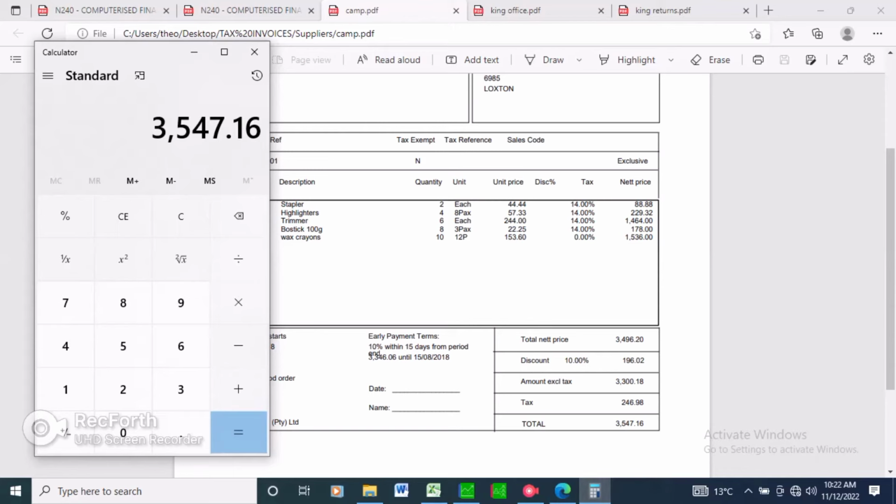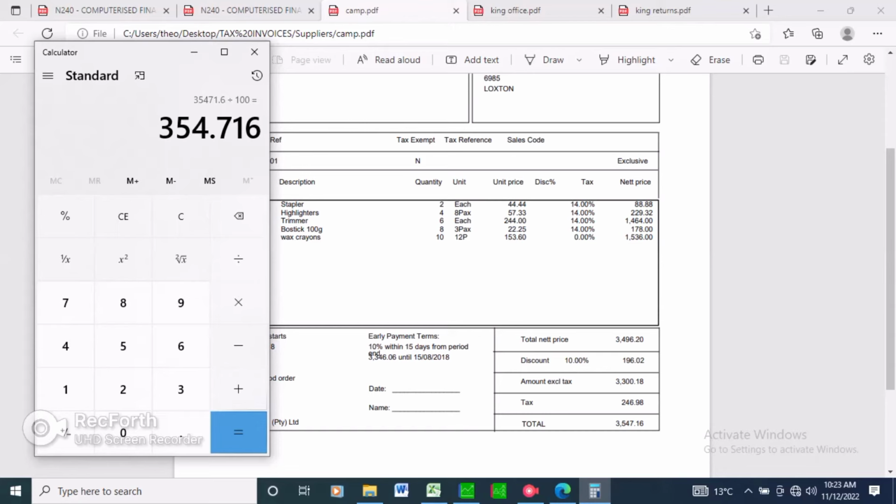Then this amount, guys, is 354.72 minus 3,547.16. We need to check out the discount, guys, just because we got an additional discount, as we paid within the terms agreed.